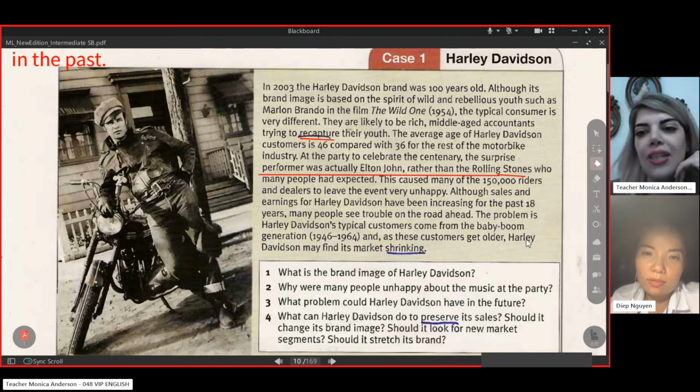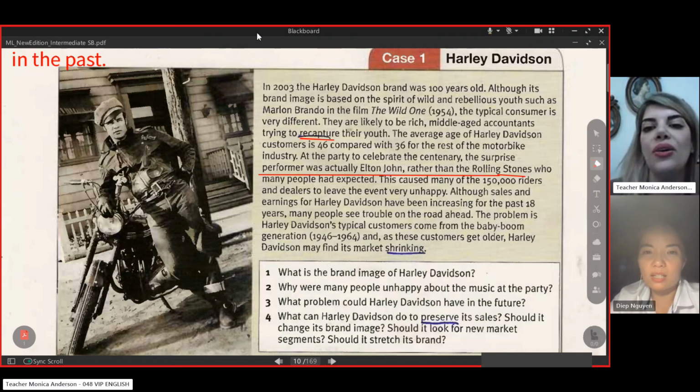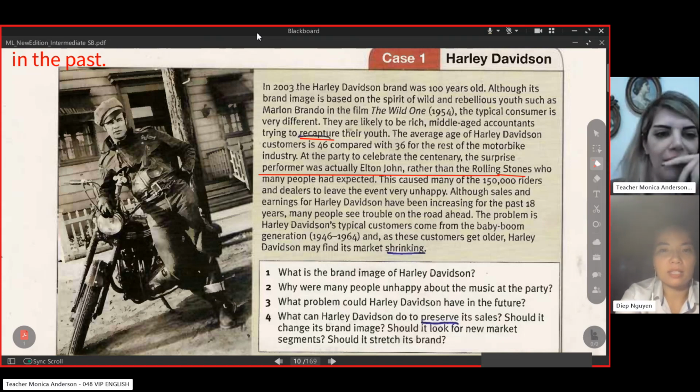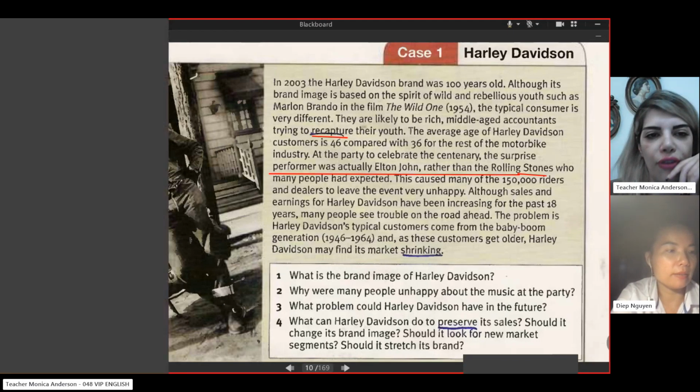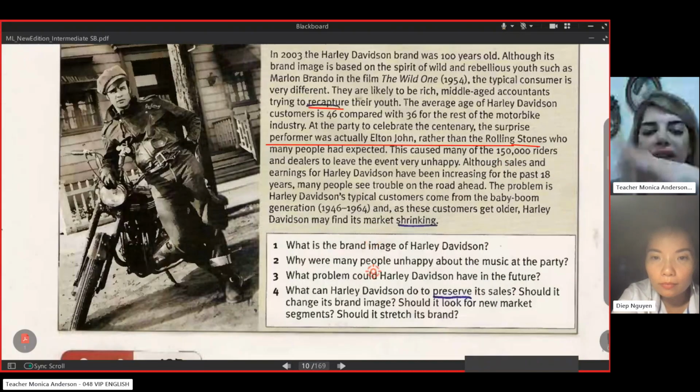It means it is so far in the past. So their customers will get older, and their market will be shrinking. Very good. Okay, so it will decrease, of course.